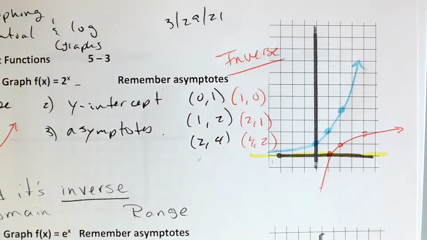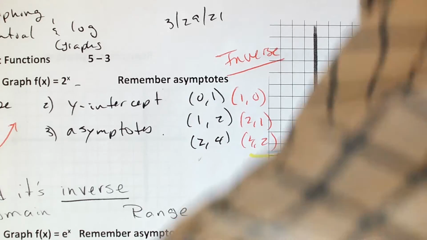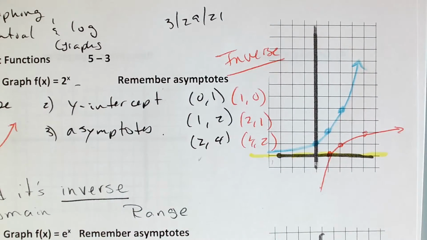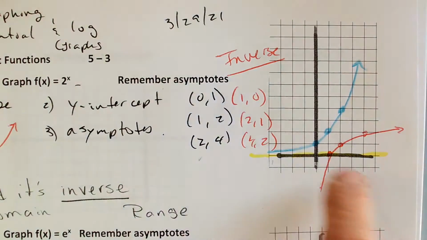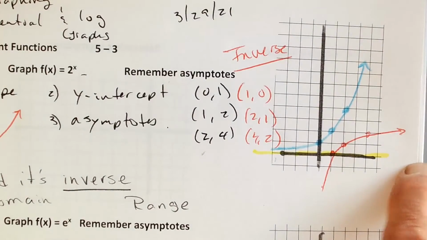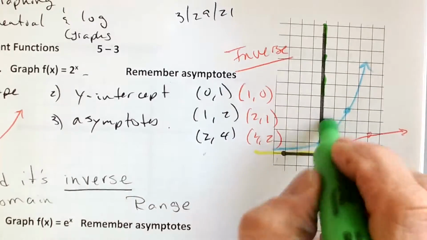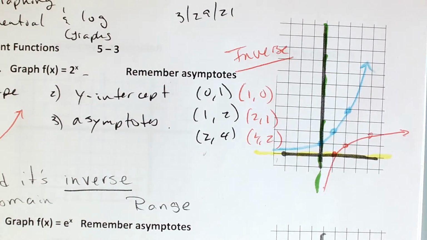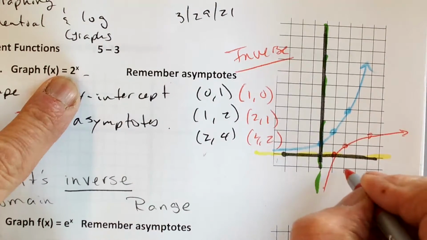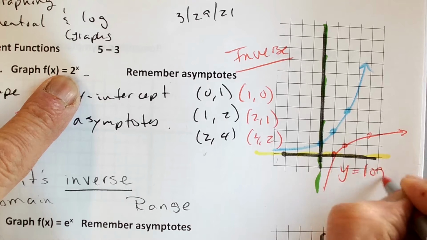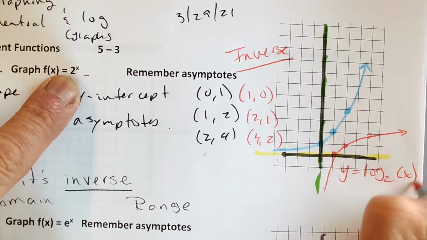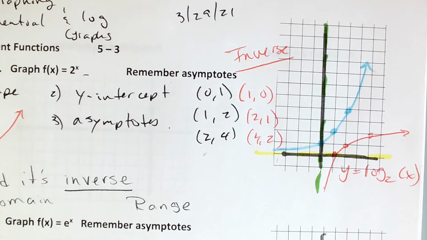If I have a horizontal asymptote, then its inverse would have a vertical asymptote, right? How's that? This is the log graph. If this is my exponential, then this is my log graph, so this should be y equals log base 2 of x. And again, we talked about that on Friday, right?